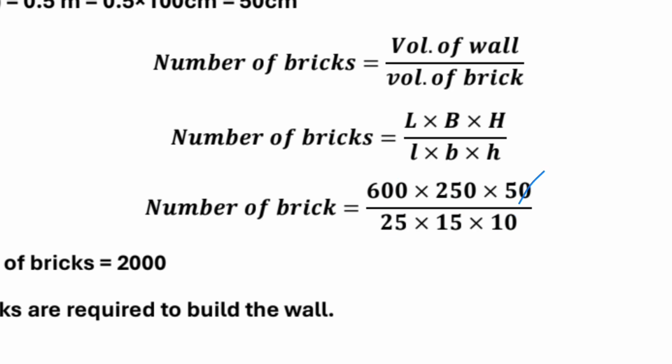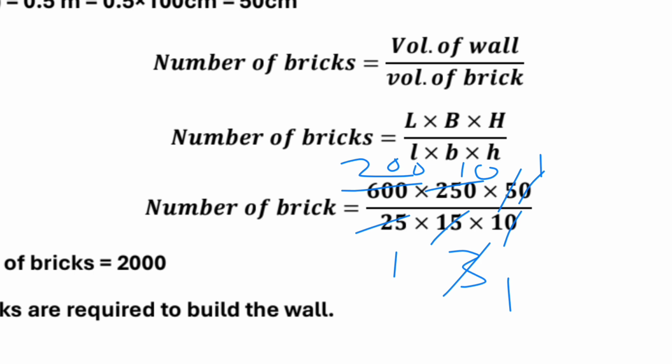This 0 is cancelled. Now 5 3s are 15. Now we cancel this 25. 25 1s are 25 and 25 10s are 250.